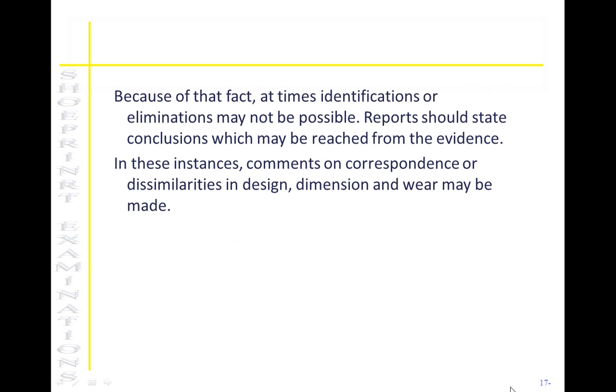Because of this, at times, eliminations or identifications may not be possible. And the analyst has to be very careful in how they state the final results or conclusions in their report.